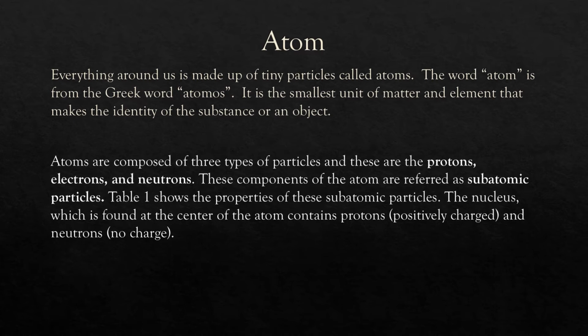These components of the atom are referred to as subatomic particles. Table 1 shows the properties of these subatomic particles. The nucleus, which is found at the center of the atom, contains protons, which are positively charged, and neutrons, which have no charge.